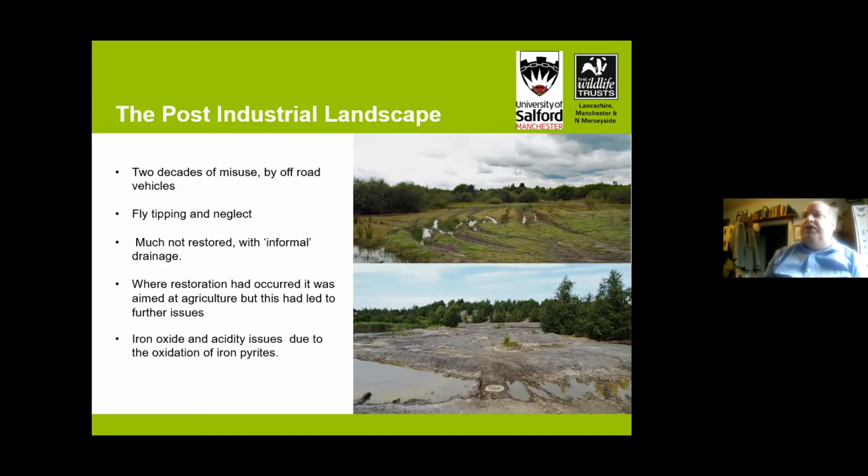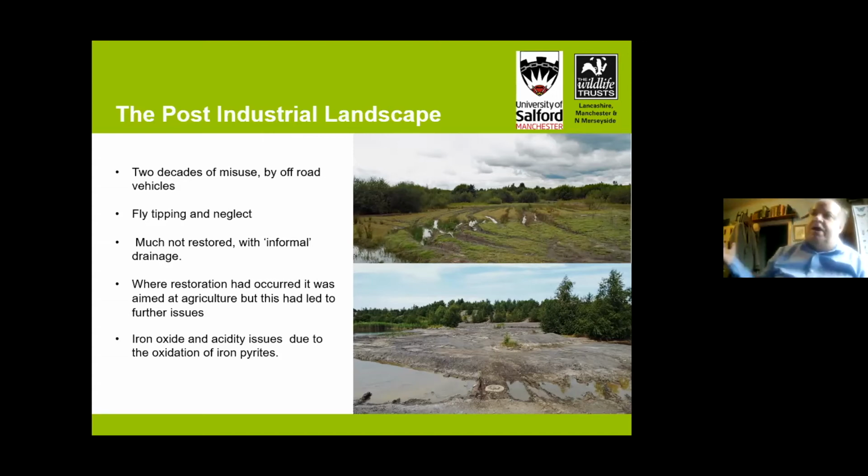There was this sort of illegal activity going on, and on the back of that illegal activity, there were other illegal activities. It was the centre of drug drops and all manner of other things. So it was really bad. And one of the other big problems was all the ruts caused by the four-wheel drives and things were making the site informally drained.